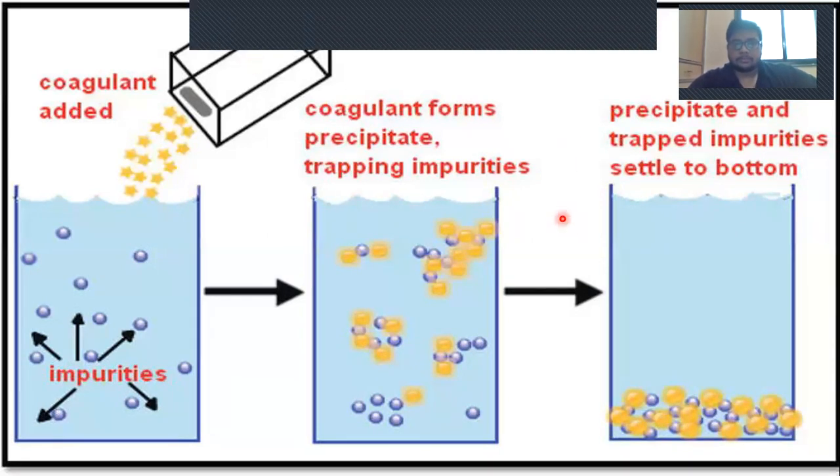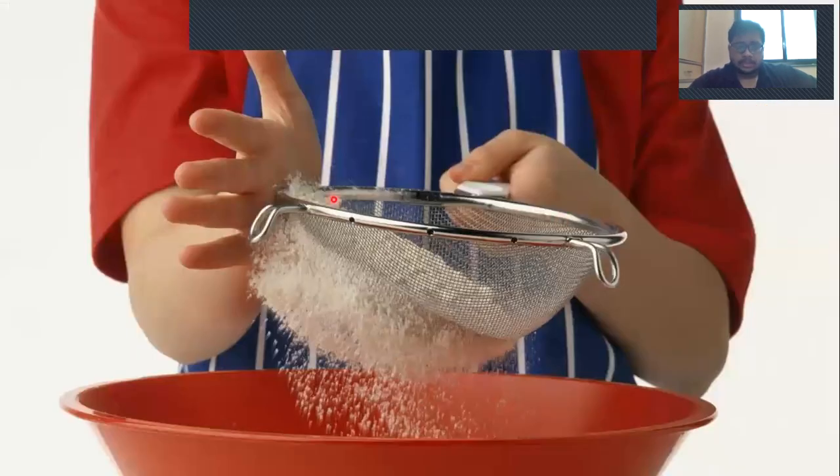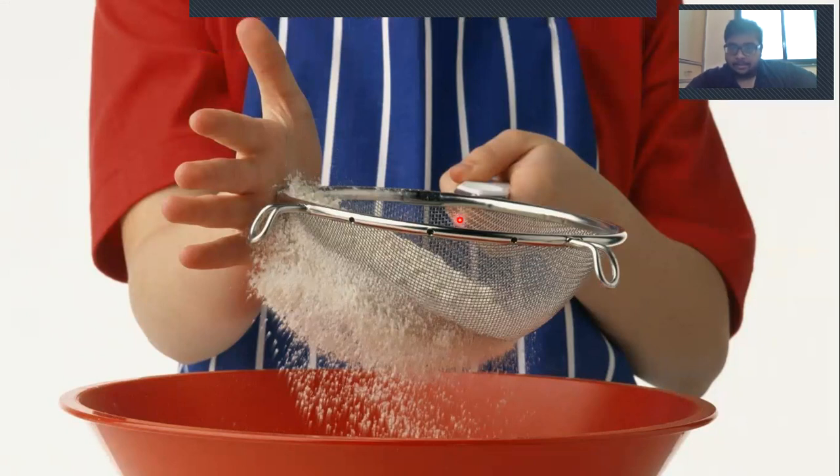Okay, let's see. This is another method of separation that is called sieving. You know the example that I mentioned. Suppose your mom or your dad, anyone, has kept atta in a bowl, and your sister or your brother is very naughty.